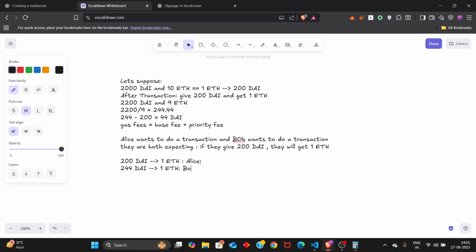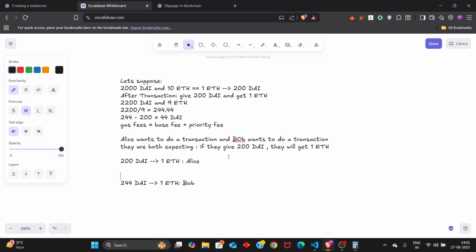This is the transaction for Bob. They both sent the transaction at the same time, but they are not getting the same amount of ETH for the same amount of DAI. Why is it happening? Because of the priority fee. This one thing decides which transaction will go first.